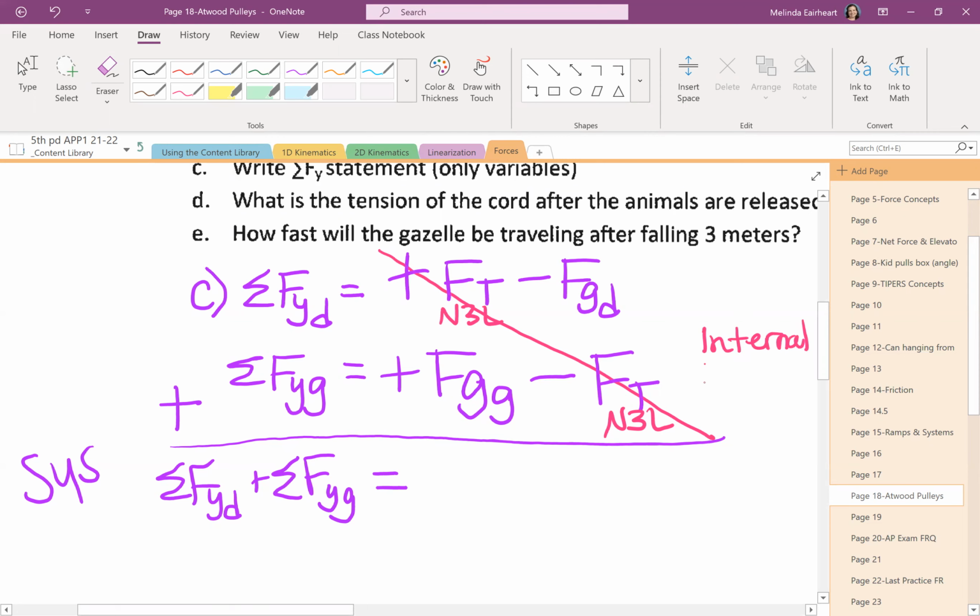Internal pairs cancel. Your Newton's third law internal pairs should cancel when you take a system approach. And so the only thing that remains is a difference in the weights: FG gazelle minus FG duck.